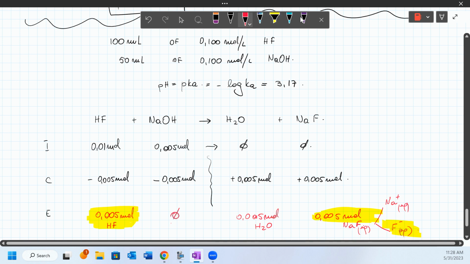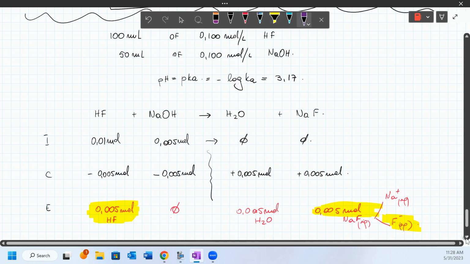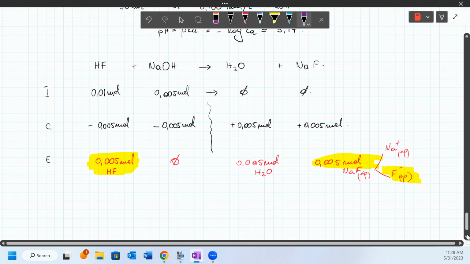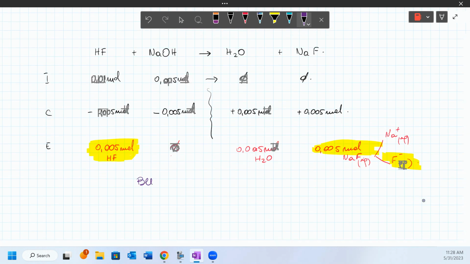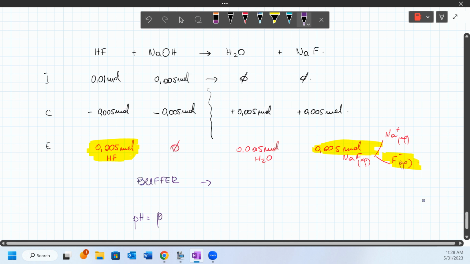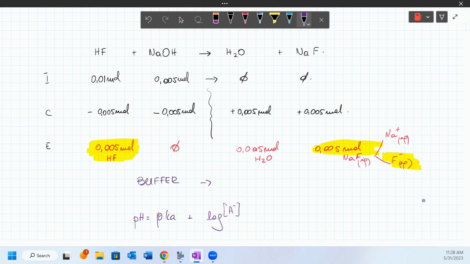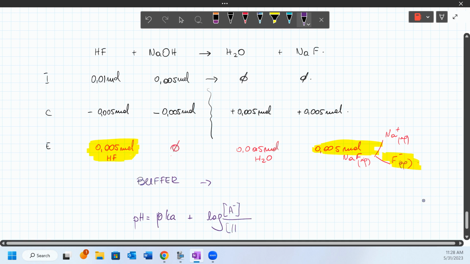Since we have the weak acid and its conjugate base, boom, this is a buffer. Since it is a buffer, we use the Henderson-Hasselbalch formula. So pH will be pKa plus log of the concentration of conjugate base over the concentration of weak acid.